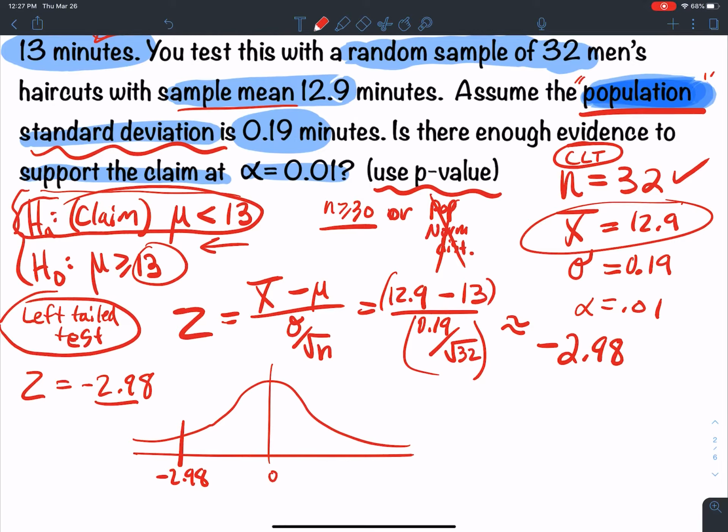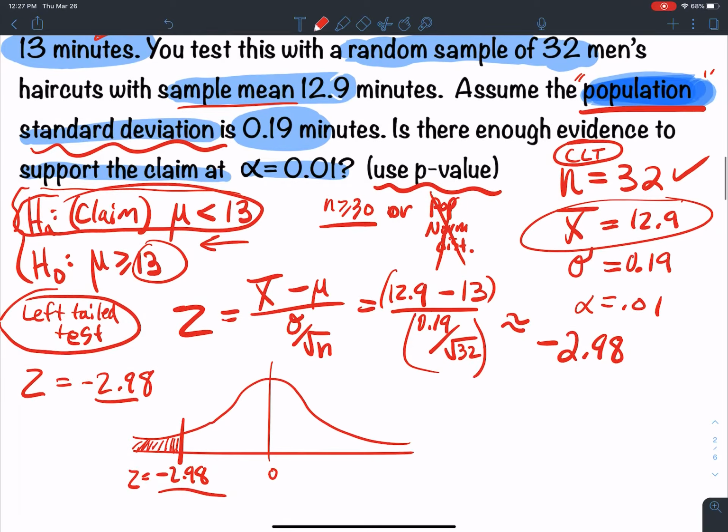So that means I shade to the left. So all I need to do is go look up the z-score for negative 2.98. Go look it up, and you get a p-value equal to 0.0014.